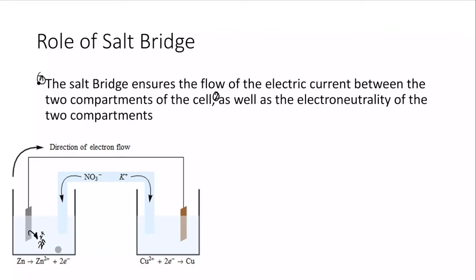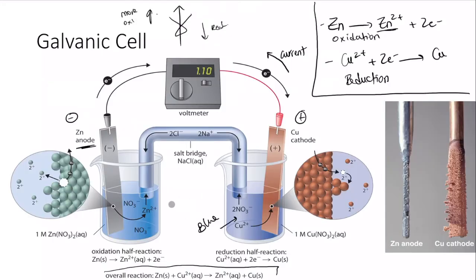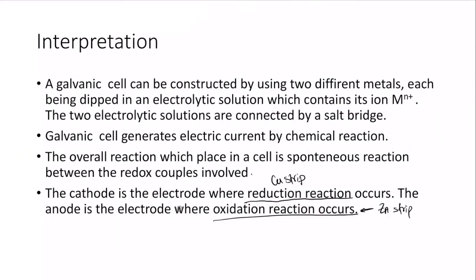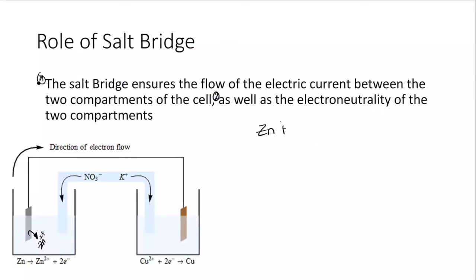Now, we started with zinc, I don't remember if we started with zinc nitrate or sulfate. Let me check. Okay, we started with zinc nitrate. It gives us Zn2+ and 2 NO3 minus.